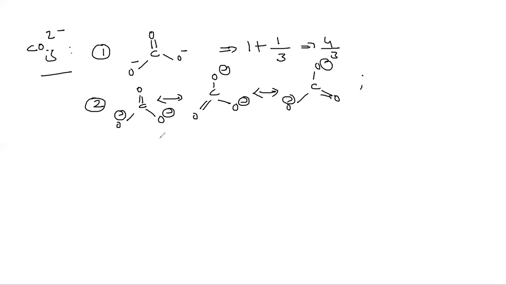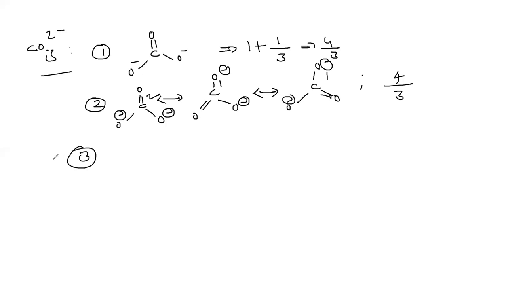According to the second method, it is the number of bonds between the atoms in all resonating structures by the total number of resonating structures. See here, between carbon and oxygen we have 2 bonds, and between carbon and oxygen I have 1 bond, and carbon and oxygen I have 1 bond. So the total number of bonds between carbon and oxygen is 4, and the total number of resonating forms is 3. So the bond order is 4 by 3.